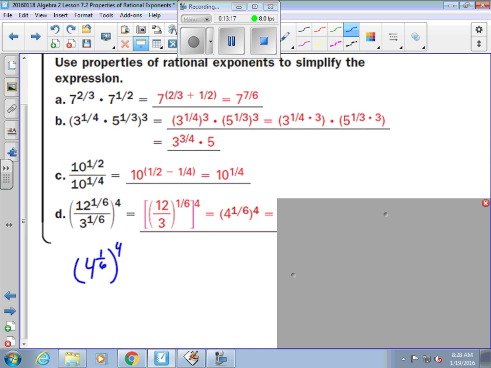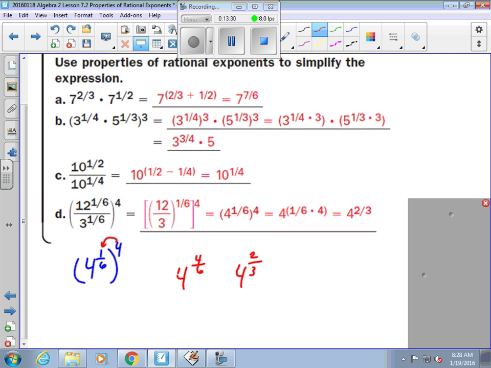That means you need to now multiply: 4 times 1/6 gives you 4 over 6, or 4 to the 2 over 3. Remember, you can reduce 4 over 6 to 2 over 3.